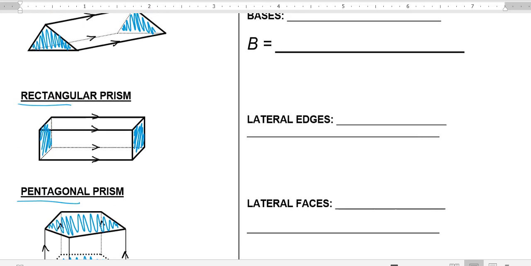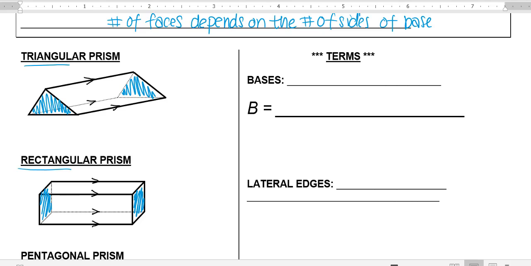All right, just defining terms real quick in these prisms. Our bases are two congruent and parallel shapes.